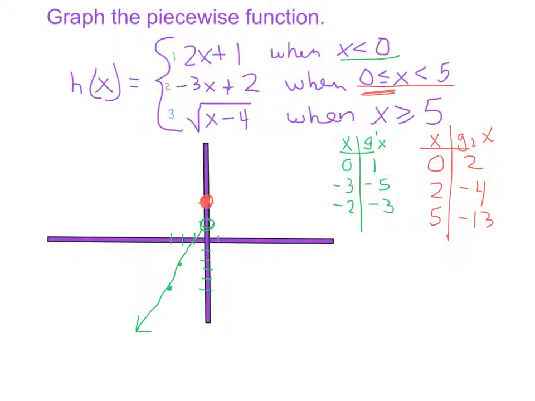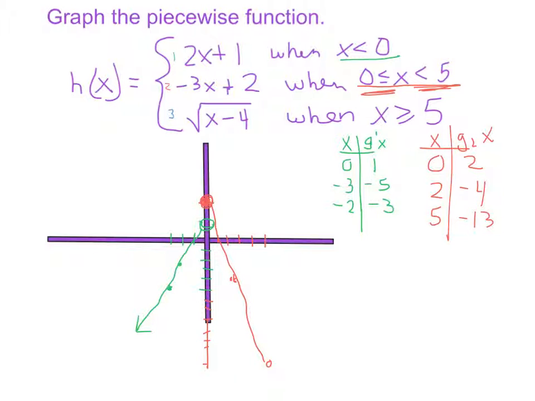Over 2, down 4, and then over 5, down 1, 2, 3, 4, 5, 6, 7, 8, 9, 10, 11, 12, 13. So something like that. It's going to be an open circle down there because it's strictly less than 5. And I'm going to connect those, and it's going to look something like that.